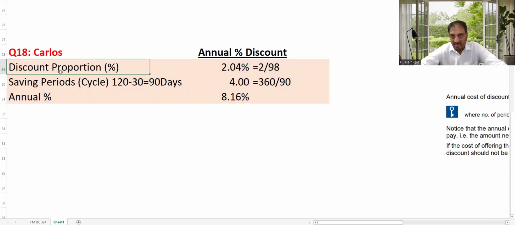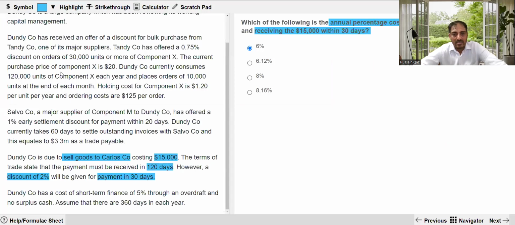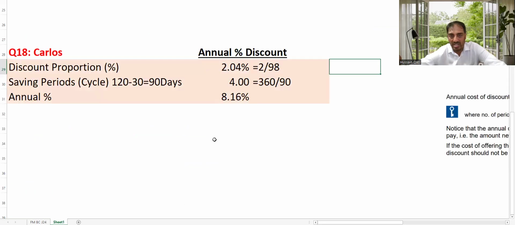First you calculate, now listen carefully, the discount proportion. How? You offer the customer 2%. It's very simple: 2 divided by 98. What is 98? If you offer 2 out of 100, the remaining is 98. If you offer 4%, that's 4 over 96. 5%, 5 over 95. So it's a simple percentage.